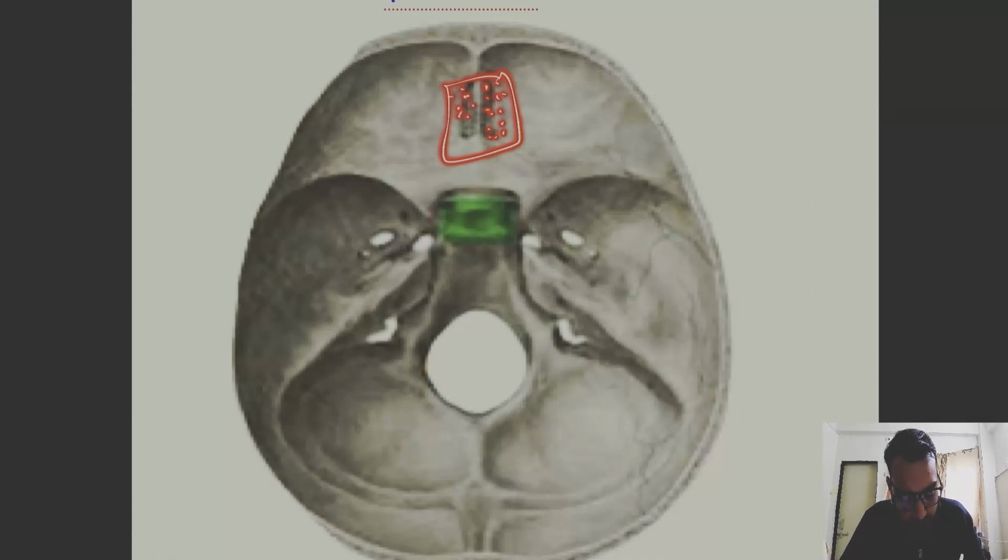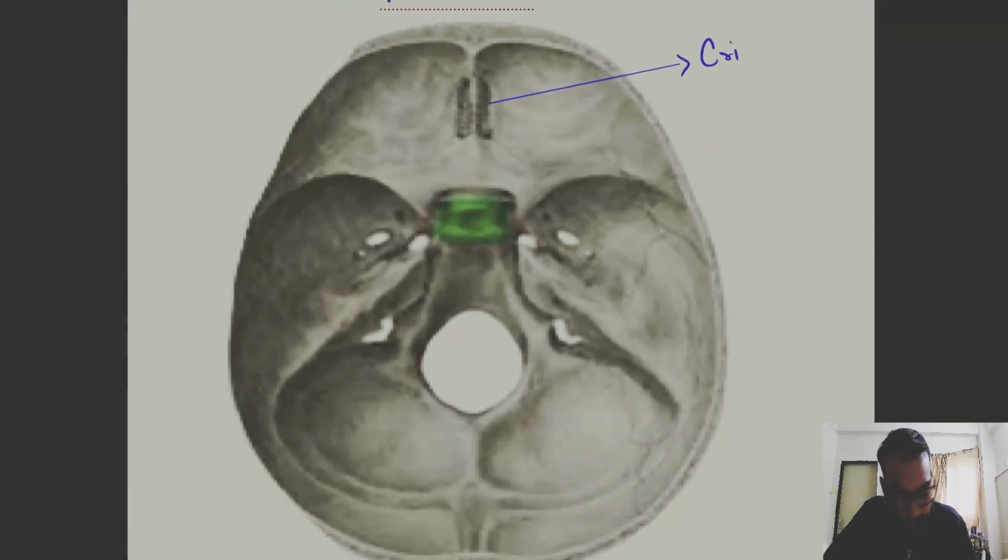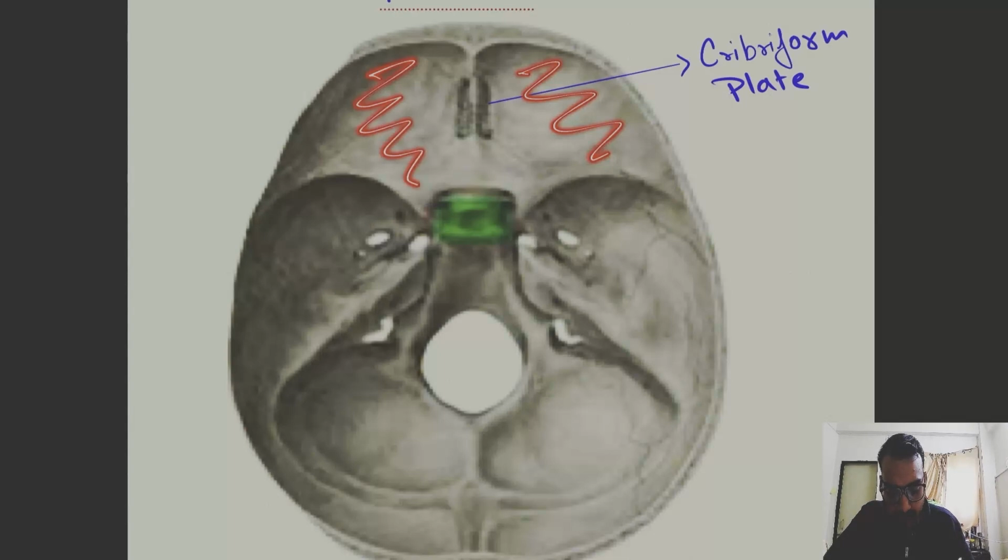We call them perforations. These perforations are known as cribriform plate.